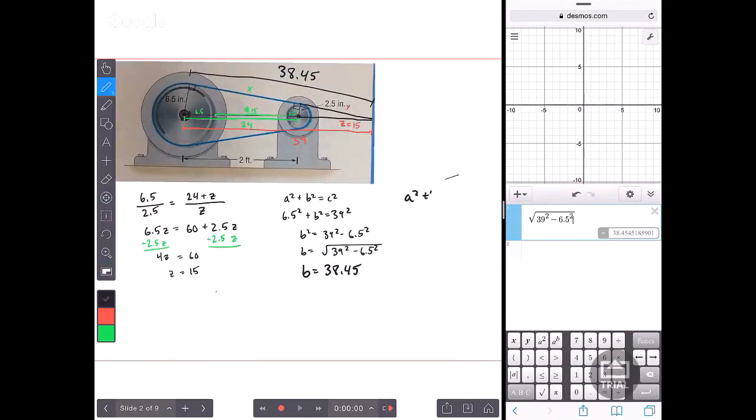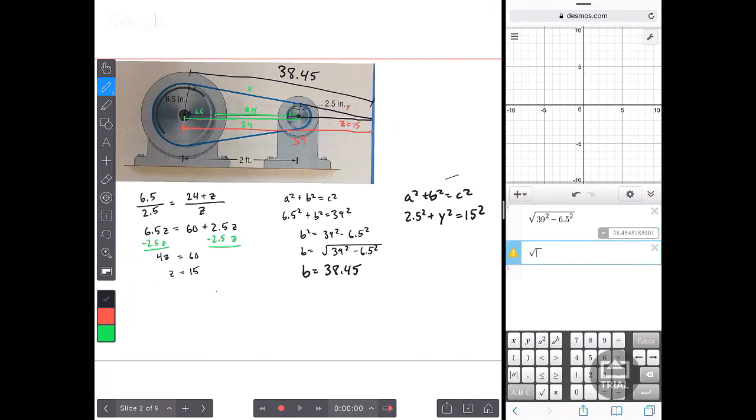I know that a squared plus b squared equals c squared. So 2.5 squared plus y squared equals 15 squared. Let's see.